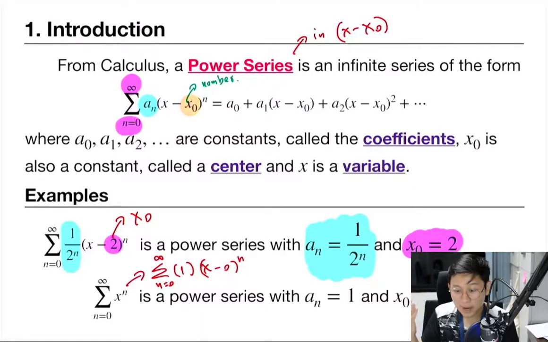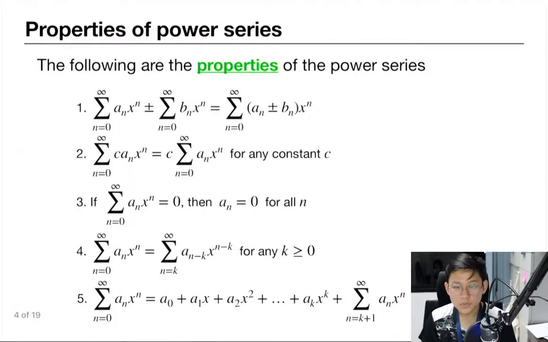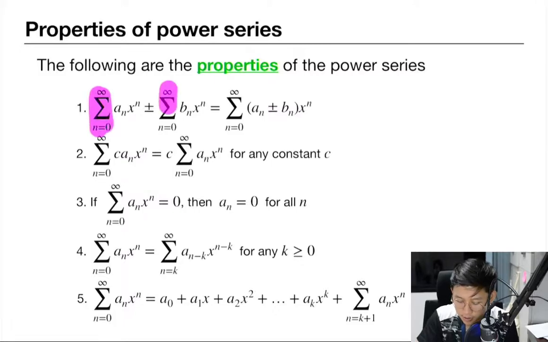So right now we haven't talked about the differential equations yet. We just talked about the power series, okay, and what they are. Next I'll talk about the properties of power series. So if you have two summations, which are this summation and this summation, you have two series.